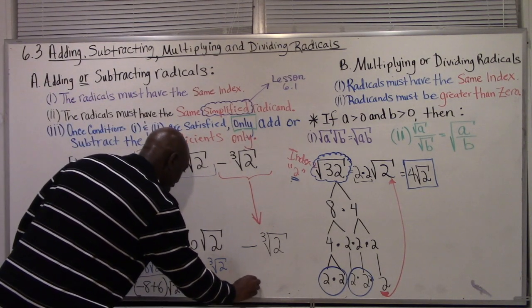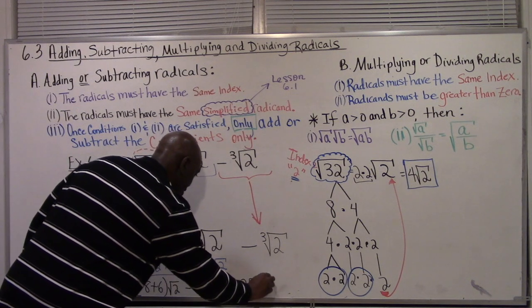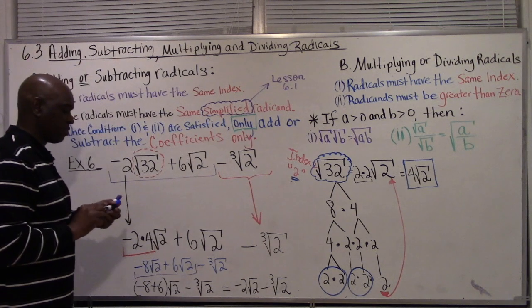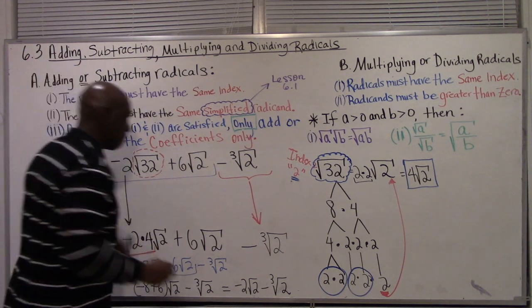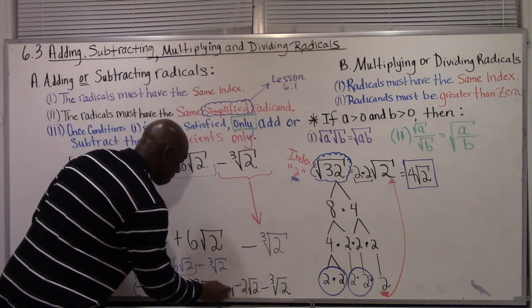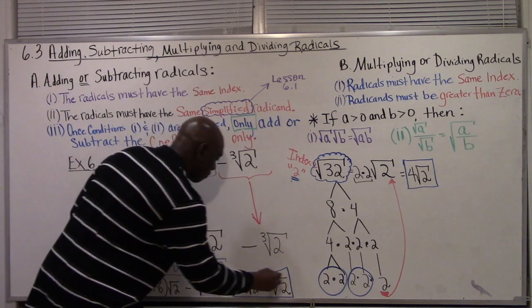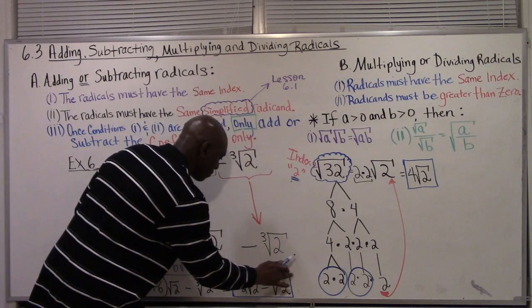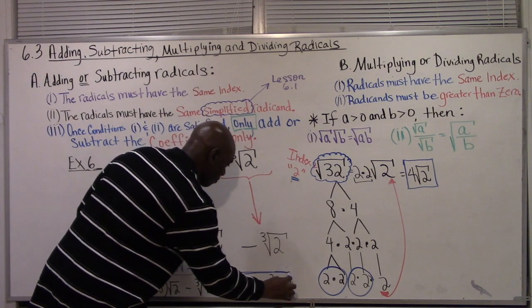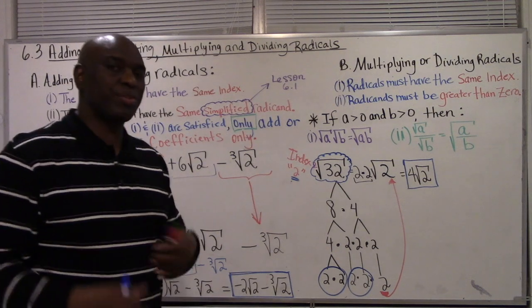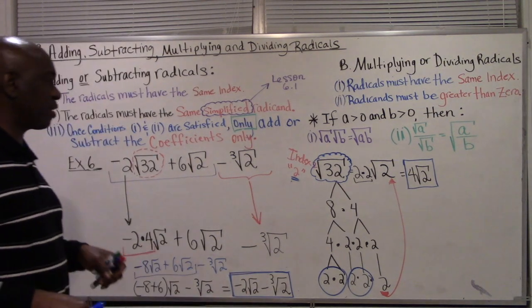Negative 2 square root of 2 minus the cube root of 2. And there's your final answer. That's it. There you go. That's your final answer. And that's it. Just be very careful with these steps. Be very, very careful.